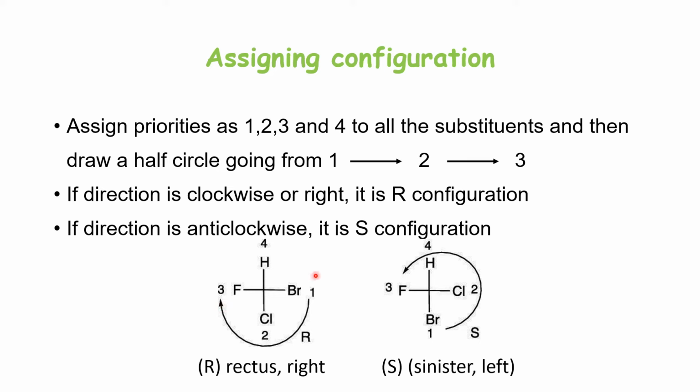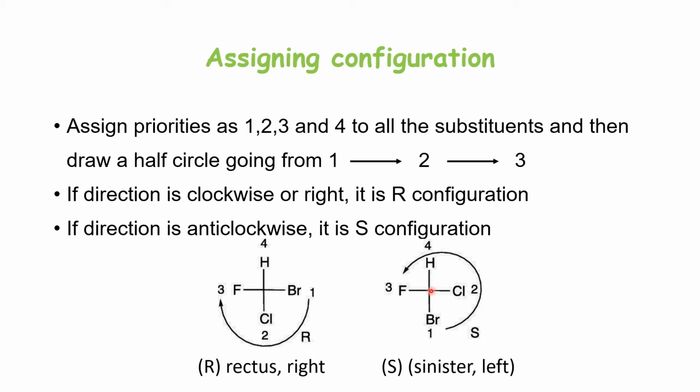Now you need to draw one half circle going from 1, 2 and then 3. If this half circle is going in clockwise direction, then you will give assignment as R. Its configuration is R, which stands for rectus in Latin, or right.